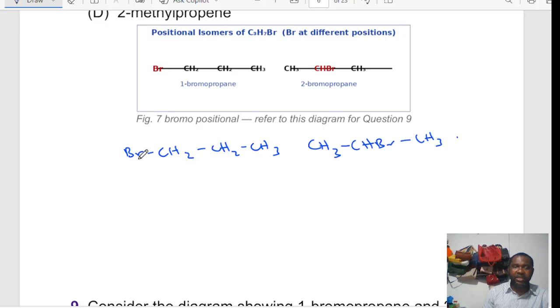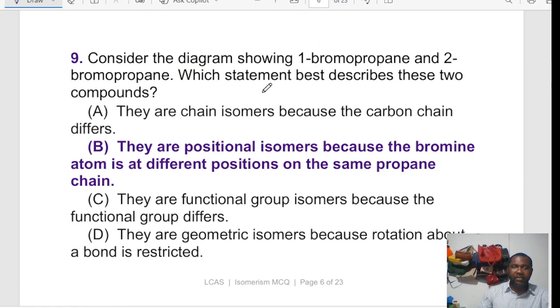The difference is that Br here is attached to the first carbon, while here Br is attached to the second carbon. So which statement best describes these two compounds? A says they are chain isomers, no, that's not true. B says they are positional isomers because the bromine atom is at a different position of the same propane chain, and that's the correct answer. I hope this is making sense.